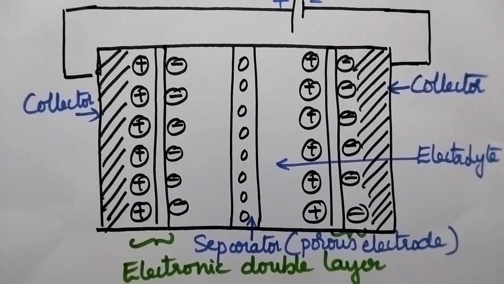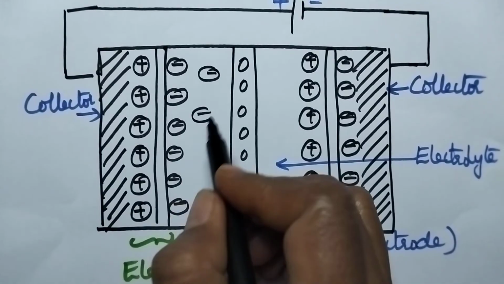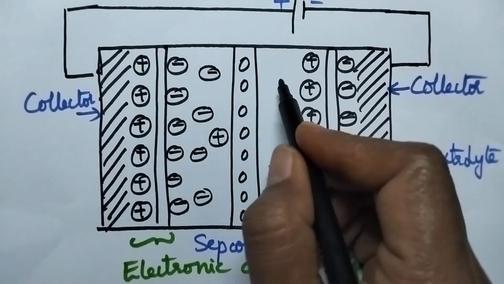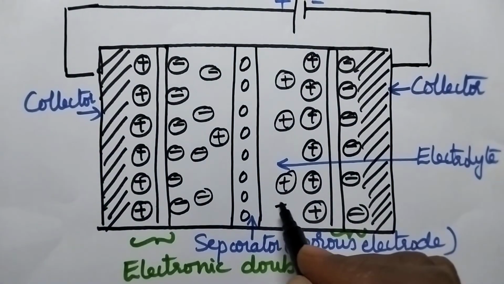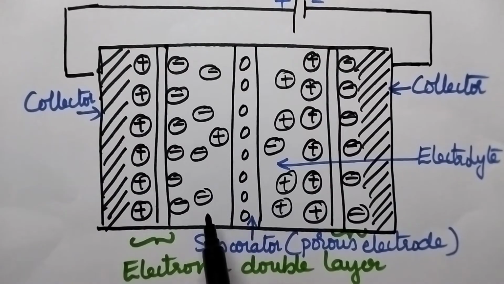Because of the electrolytic solution, which consists of positive and negative ions, under the influence of the electric current the ions migrate towards the cationic and anionic chambers. As a result, an electronic double layer is created at the cationic and anionic chambers, and it is possible to store the electrical energy in the form of electrode potential.